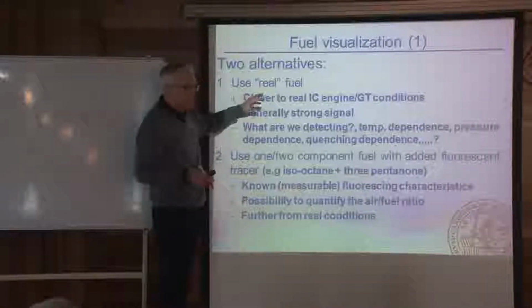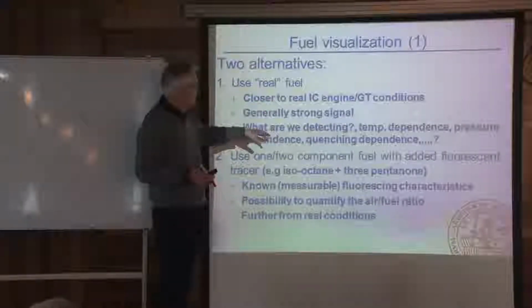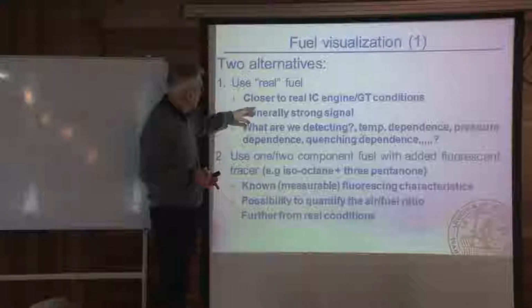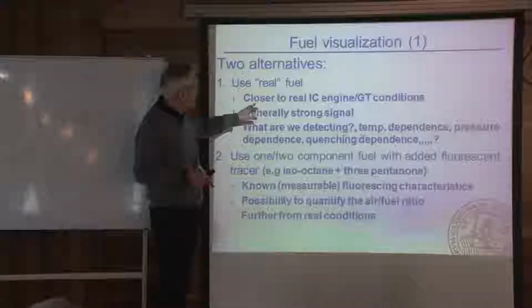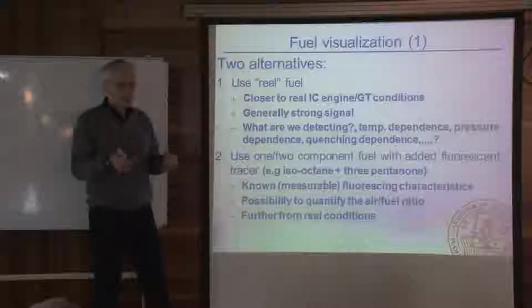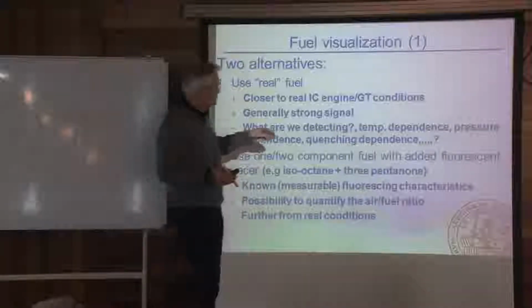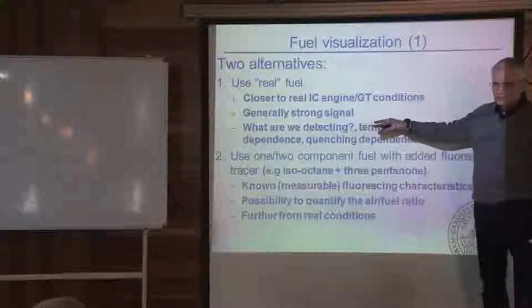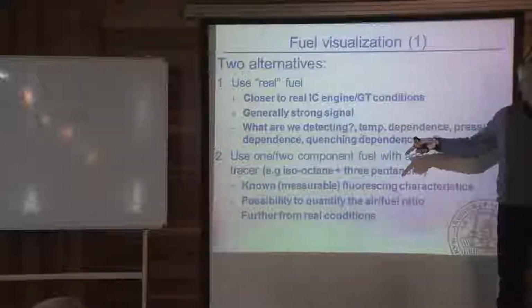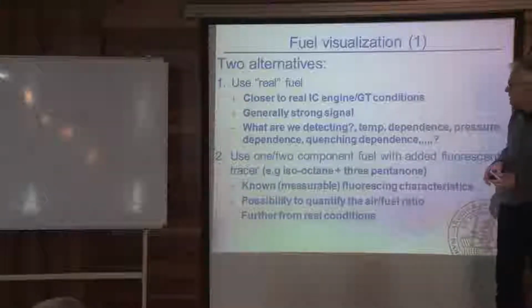Either we can use the real fuel, the gasoline, the diesel, whatever. And then we have some positive things about that. That's of course what the engine or gas turbine manufacturer wants. They want to have their real fuel. And generally we have a very strong signal. As I said, diesel, gasoline, it gives a huge signal. We'll never have a problem with the signal.